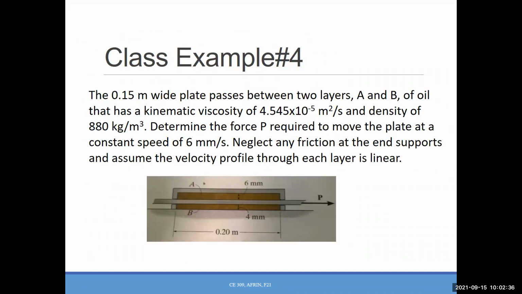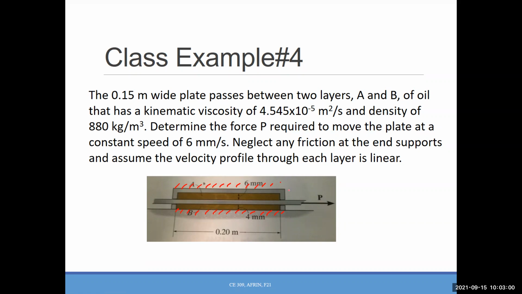So I think you read the class example 4 in our last class. Mainly the question was, there is a setup here, and these are fixed surfaces, right? In between these two surfaces there is a liquid, and in between the liquid there is another plate.